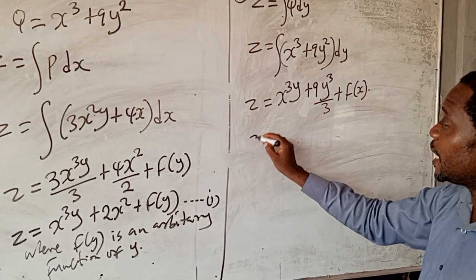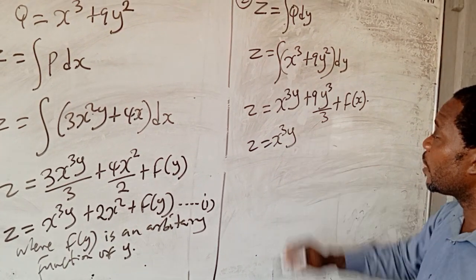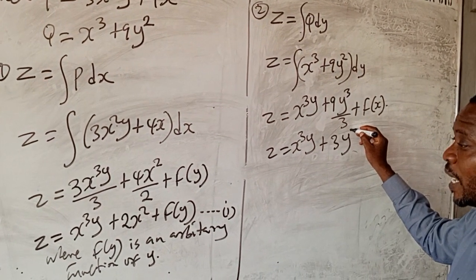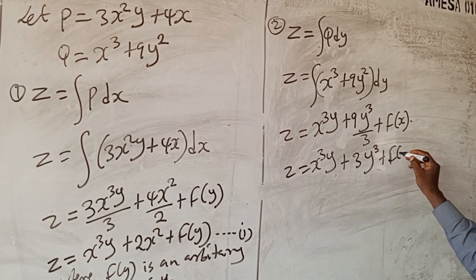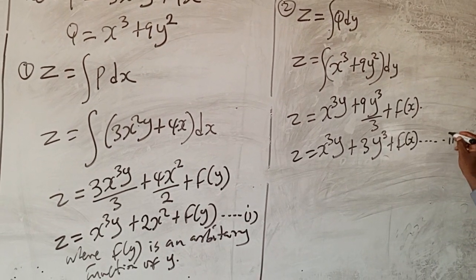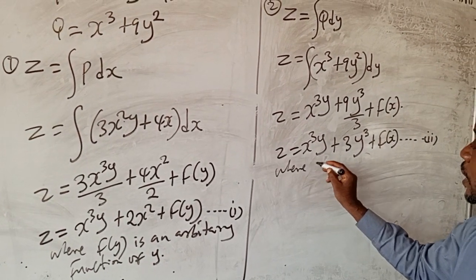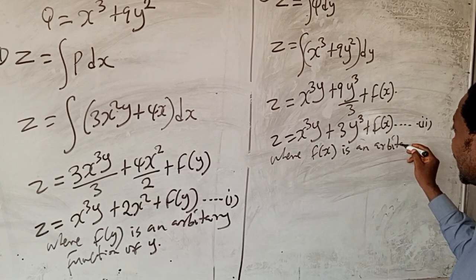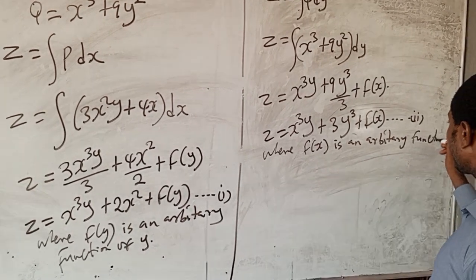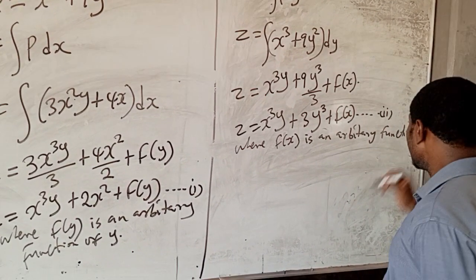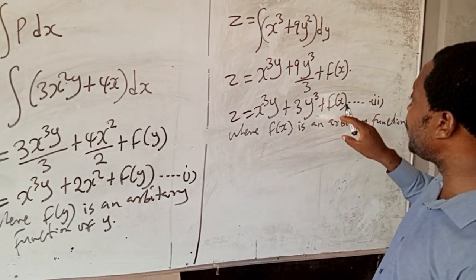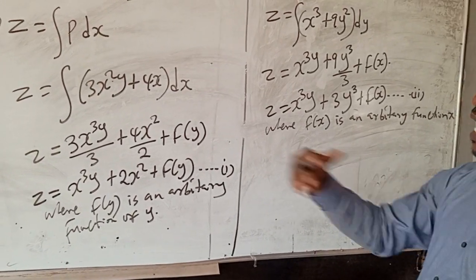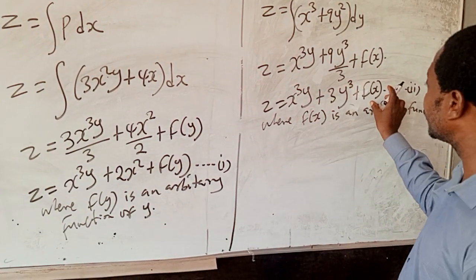Then after, you put your constant, which is now a function of x. So this will give you z is x raised to the power 3 y plus 3y raised to the power 3 plus a function of x, which is equation 2, where f of x is an arbitrary function of x. So what you do now, you will compare equation 1 and equation 2. Equation 1 has 3 terms, equation 2 has 3 terms.